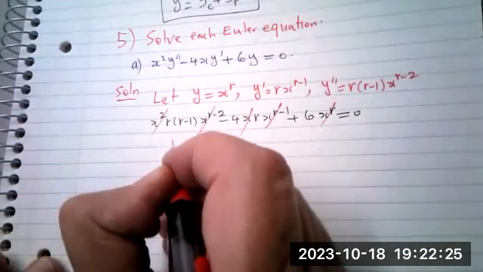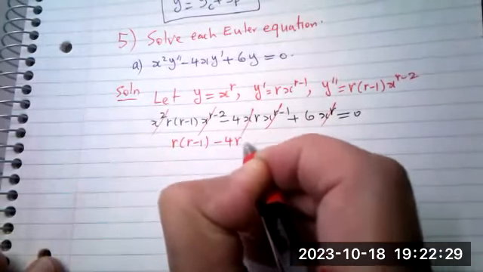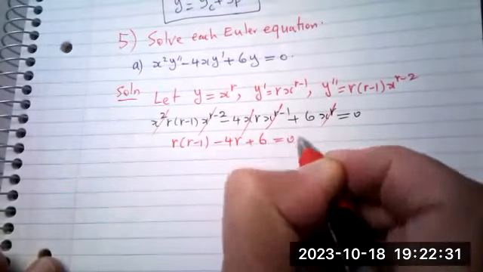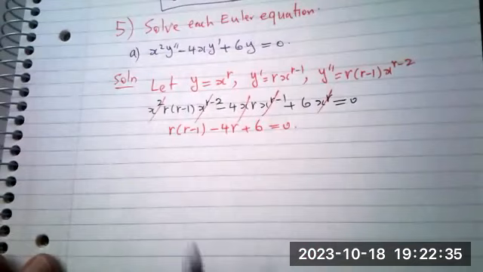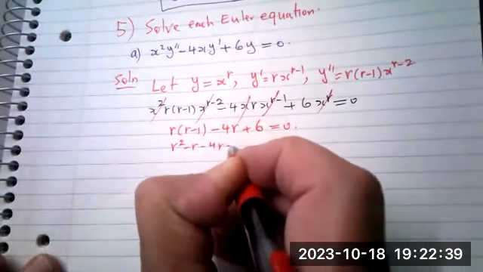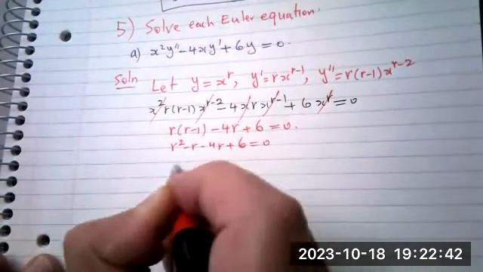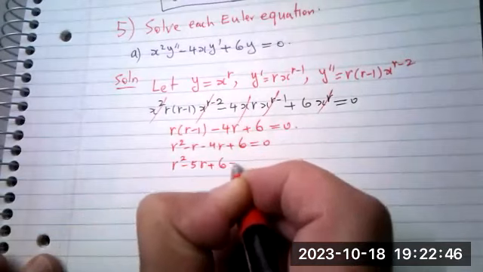The leftover is r times r minus 1, minus 4r, plus 6 equal to 0. Multiply it: r squared minus r minus 4r plus 6, so it's r squared minus 5r plus 6 equal to 0.